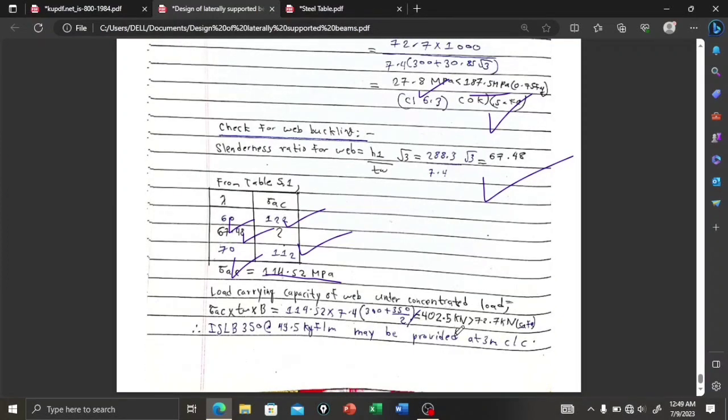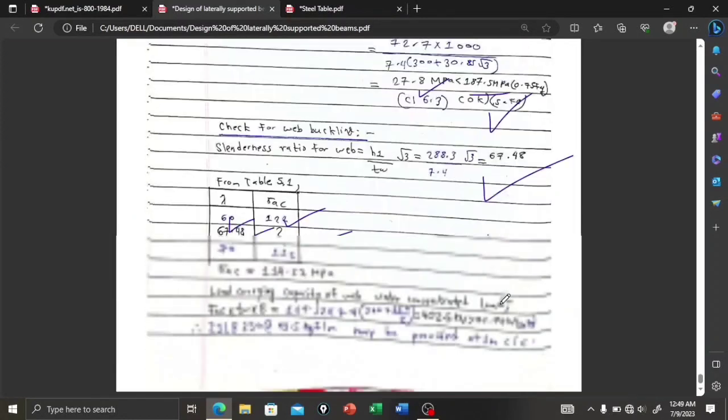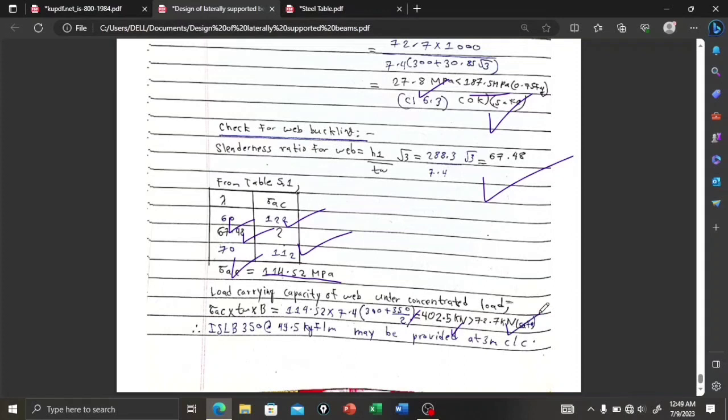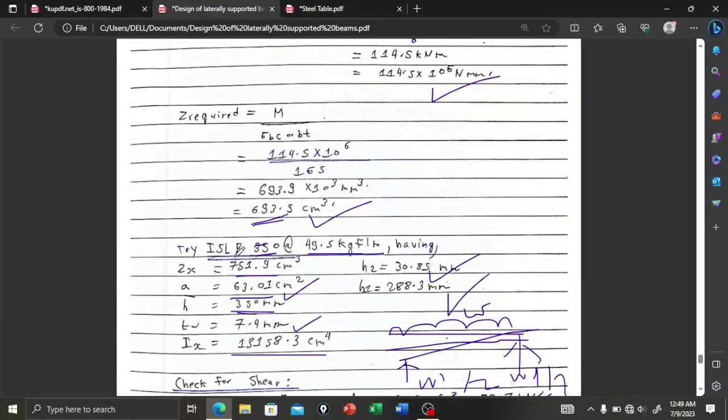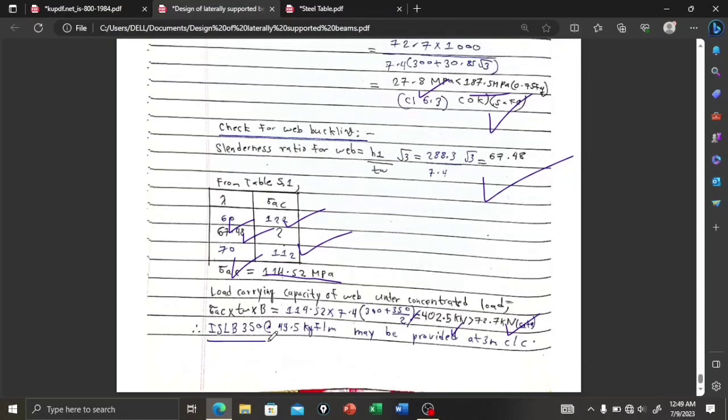It is 402.5 kilonewton, which is greater than 72.7 kilonewton. So safe. So ISLB 350 at the rate of 49.5 kg per meter may be provided at 3 meters center to center.